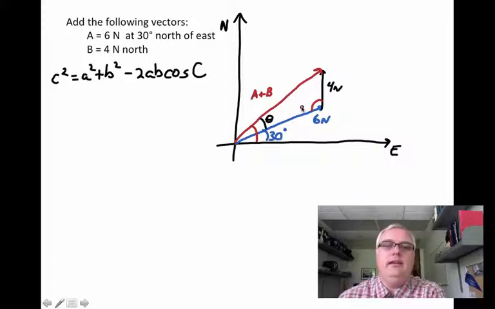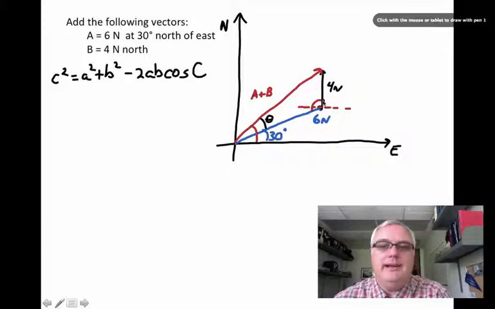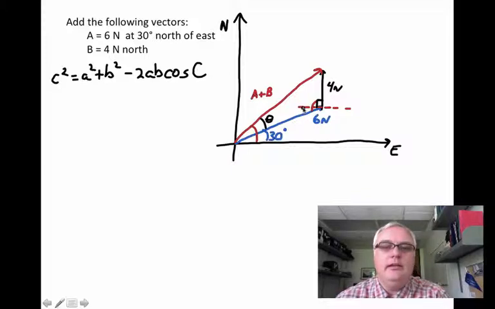And this angle is going to be this 90-degree angle here plus this angle down here.